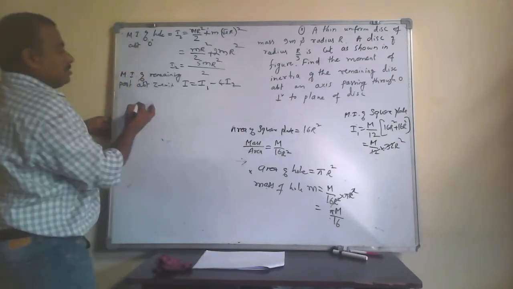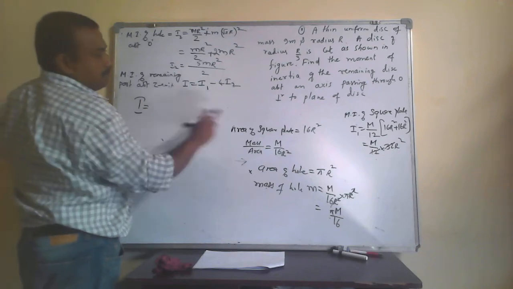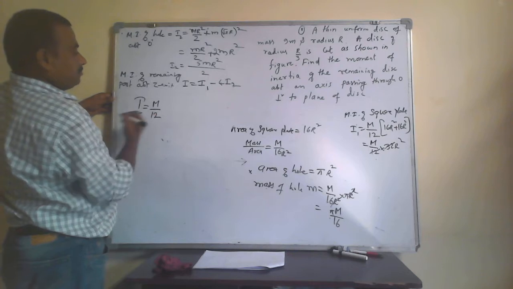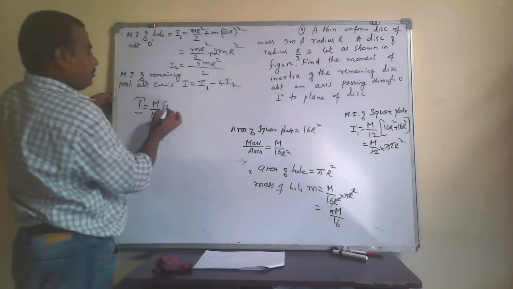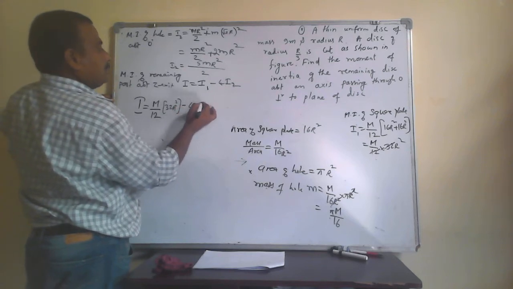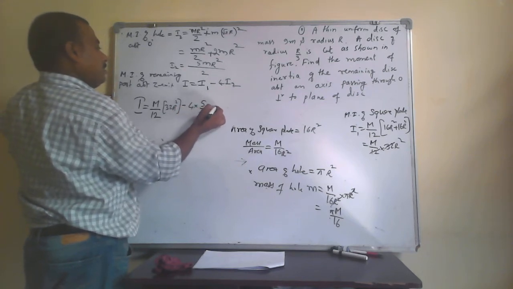Okay, so I is equal to I1, which is m by 12 into 32 r square, minus 4 times 5 by 2 m r square.